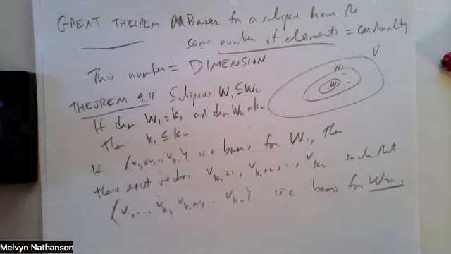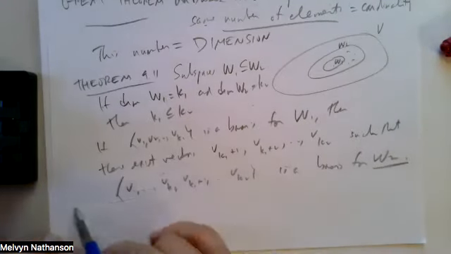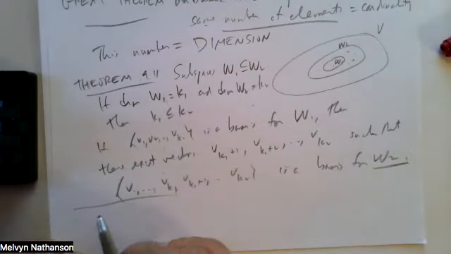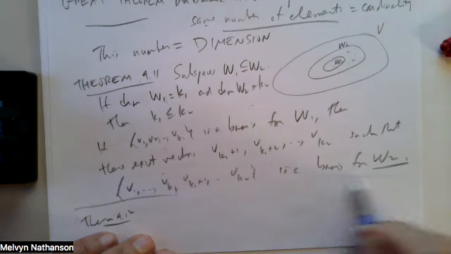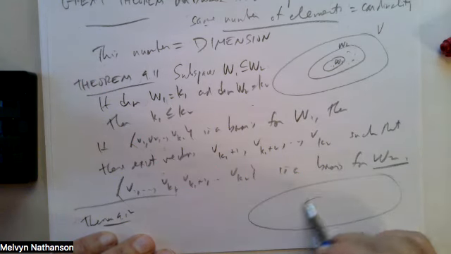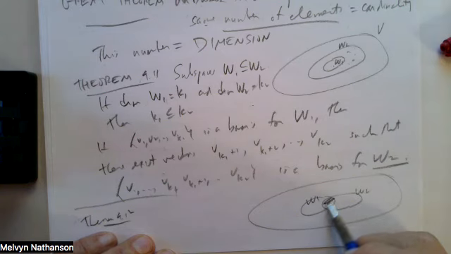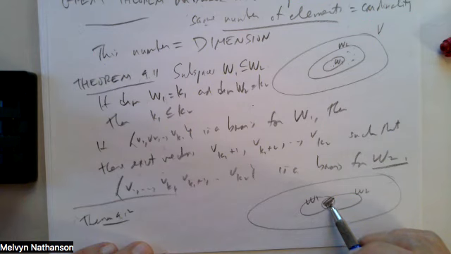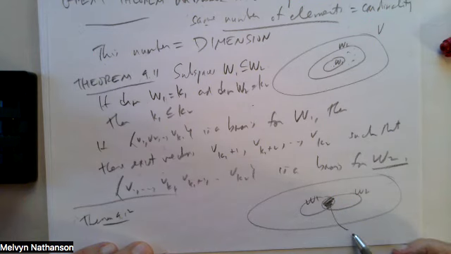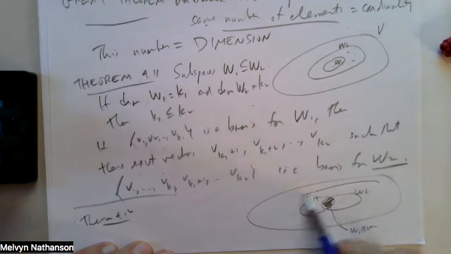And there's one final result, which is the following. This is theorem 4.12. This also came up in the exercises. Here we have W1, W2 subspaces. This is the intersection, W1 intersect W2.